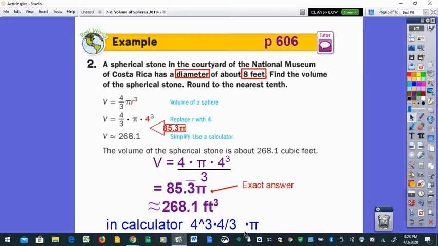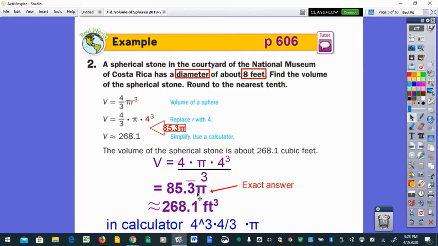And if you stop right there, hit enter, you'd see 85.333333 in the calculator. So if you write 85.3 with the bar over it, that's actually an exact answer times pi. That's the answer you'd want to give to an engineer or an architect. You wouldn't want to approximate. You want somebody that is going to be building or doing to use as many digits of pi as possible.